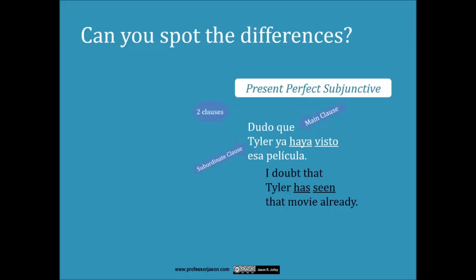However, looking at the example on the right-hand side of the slide, present perfect subjunctive, we can point out that it's a little bit more complicated. There are two clauses, the main clause, dudo que, I doubt that, followed by a subordinate clause. Tyler has already seen that movie. Dudo que Tyler ya haya visto esa película. So the structure is a little bit more complicated with a main clause and a subordinate clause.